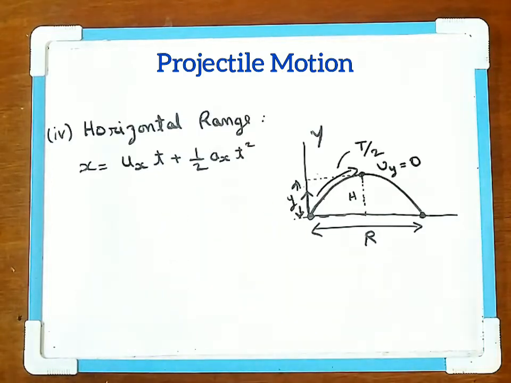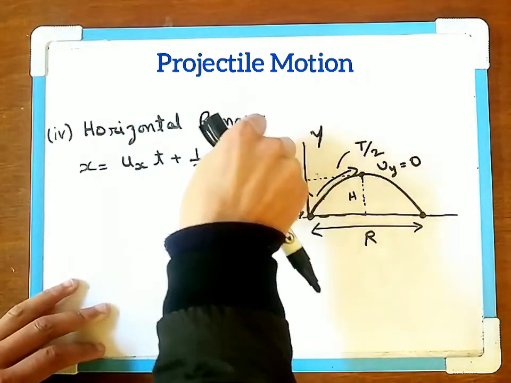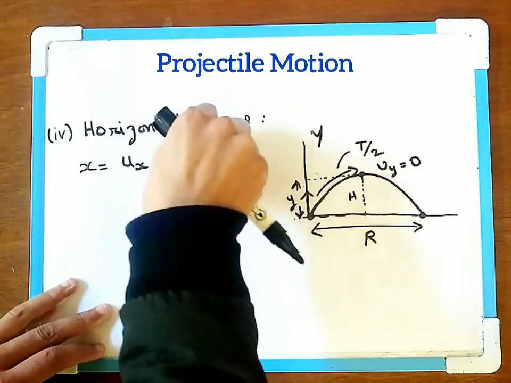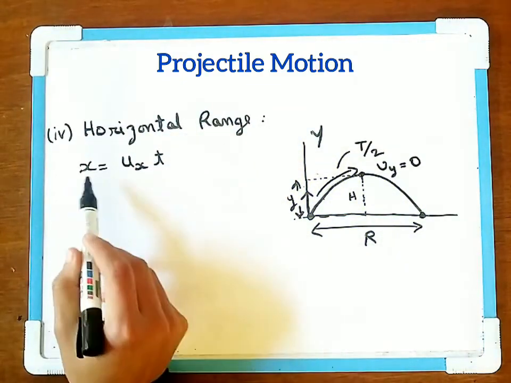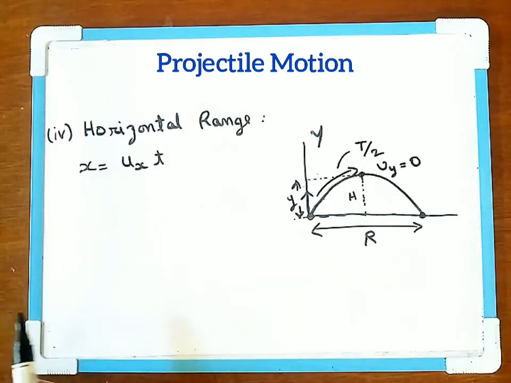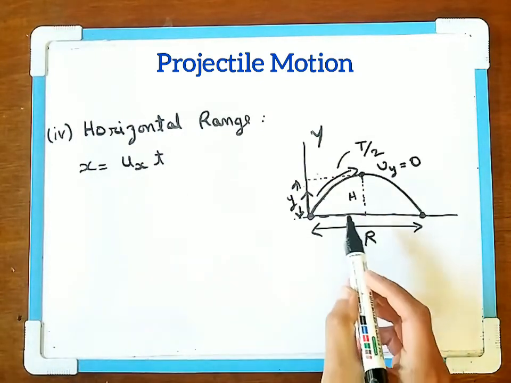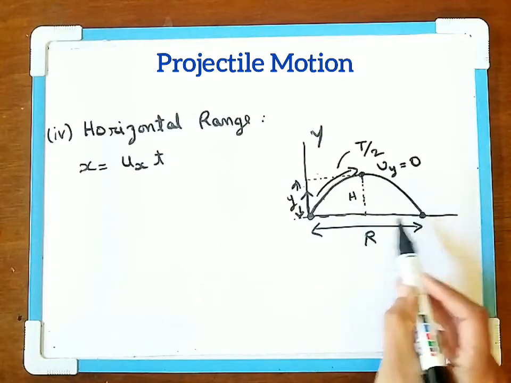So here, this term will be equal to 0. So we are going to use this formula only. So x is equal to ux into t. Now, again here, what is the time taken to cover this distance R?